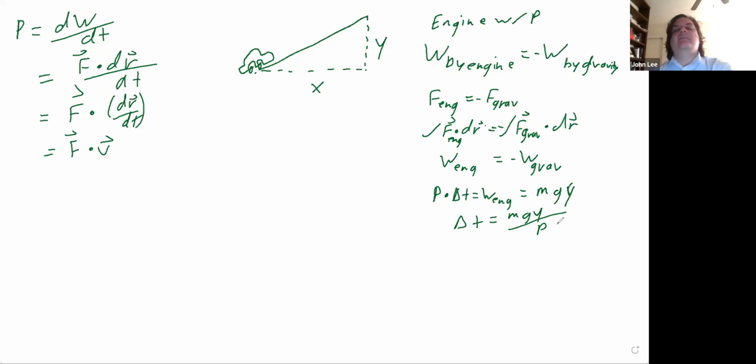Again, notice that this is independent of the x direction.